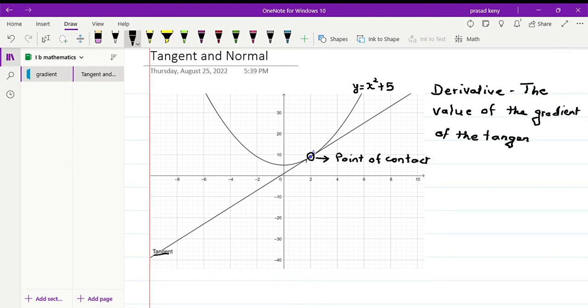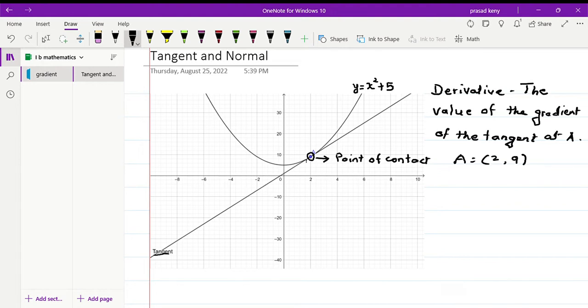That means at point A. Now in this case, point A has got coordinates (2, 9).